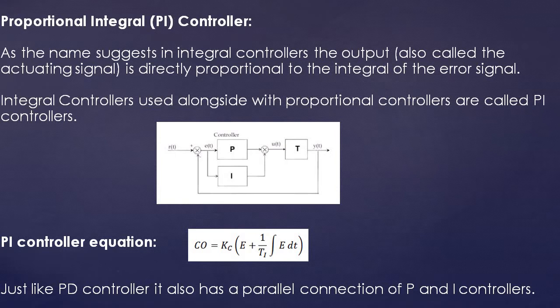Now the third controller is the proportional integral, that is the PI controller. As the name suggests, it is an integral controller. The output, which is also called the actuating signal, is directly proportional to the integral of the error signal. Integral controllers used alongside proportional controllers are called PI controllers.